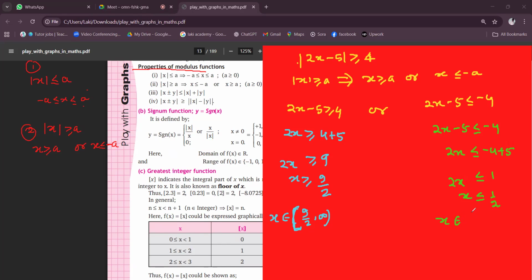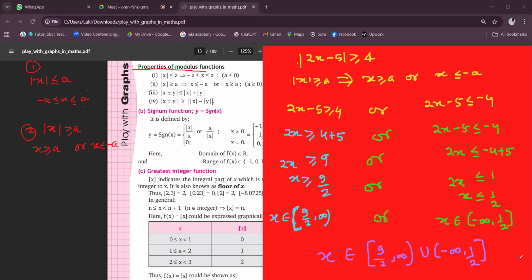Less than half means from minus infinity to half, closed interval. And or represents what? Union, right? So the final answer will be x belongs to 9 over 2 to infinity union minus infinity to half. This is your answer.